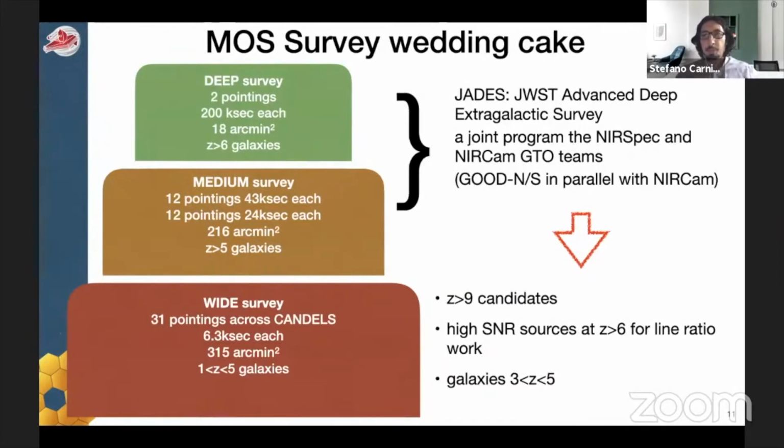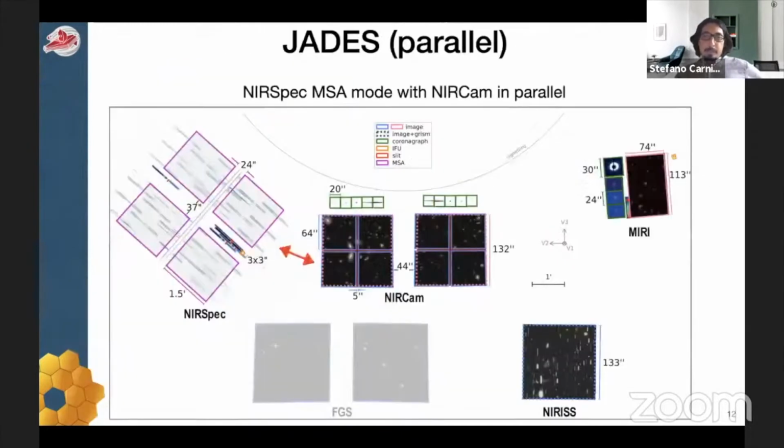But in particular, we are going to observe all galaxies with redshift higher than 3 to study their properties, the emission lines, and so on. As I said, the program will be done in parallel with NIRCam. You may have already seen this figure in previous presentations. The idea is to have pre-imaging with NIRCam and then a follow-up with NIRSpec.